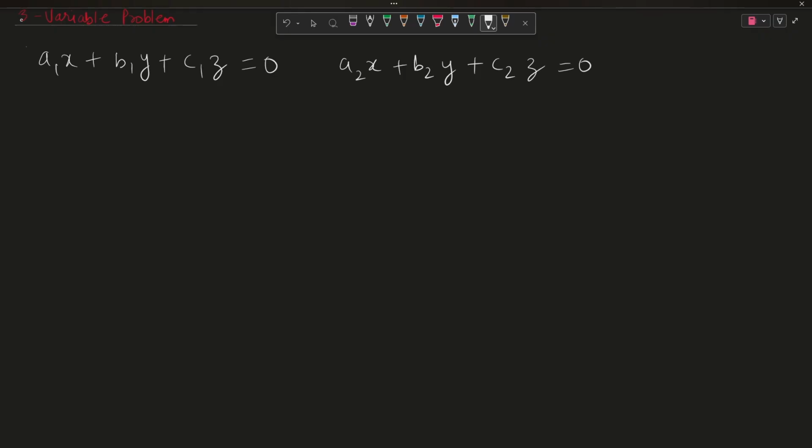It is very obvious that there are two equations. If there are two equations, then there must be two variables so that we can solve the value of each variable. But the number of variables is three, which are x, y, and z.